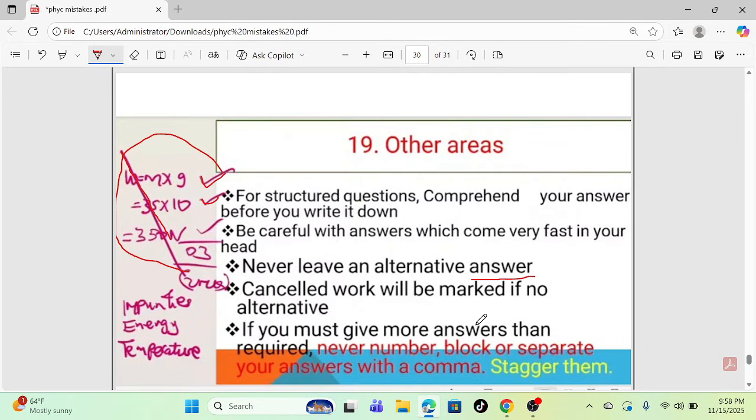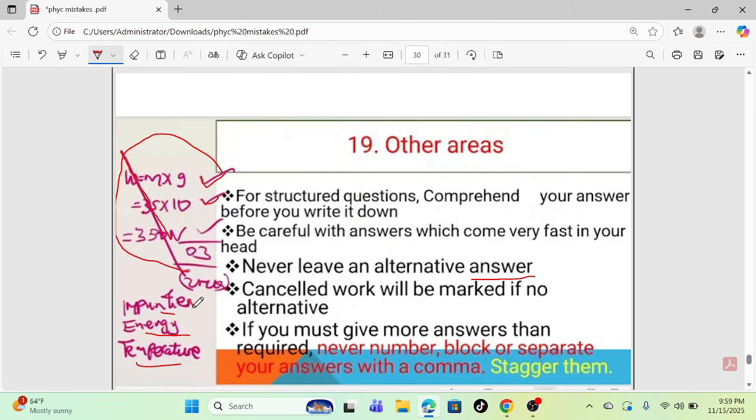Never number, never block or separate your answers with commas. What do I mean? For example, if the question asks, state the factors affecting surface tension. Number 1 you have written impurity. This is impurity. Then you have written energy and temperature. The question is 2 marks, but you have written 3 and you have not numbered them.